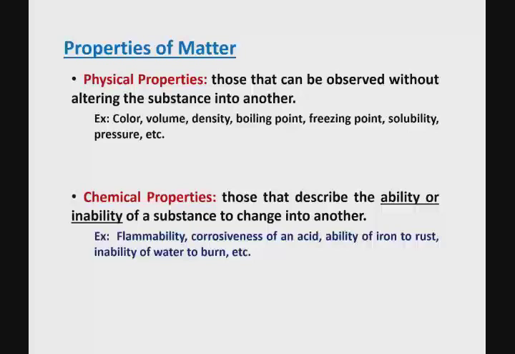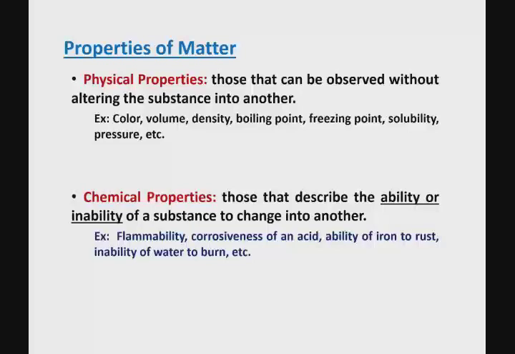The fuel gets completely consumed in that process, chemically consumed, to make new chemicals, new substances. There are lots of such processes. Cooking is a chemical process where substances are changing their chemical makeups, and those properties are called chemical properties.